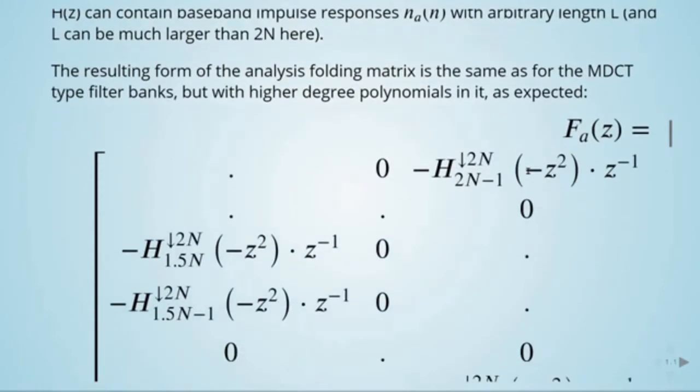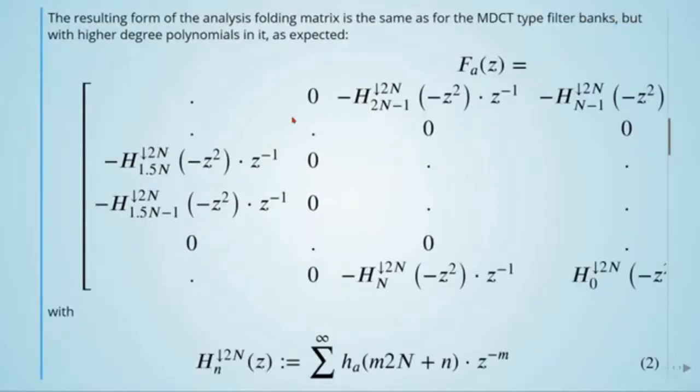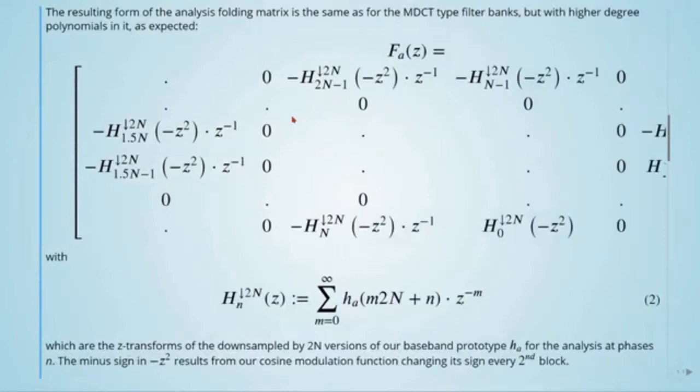So the resulting form of our analysis folding matrix is the same as for the MDCT type filter banks, but with higher degree polynomials in it as expected.